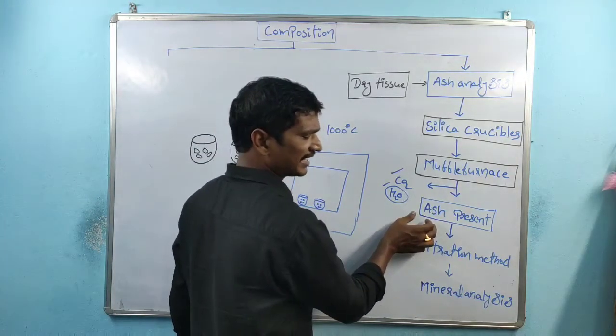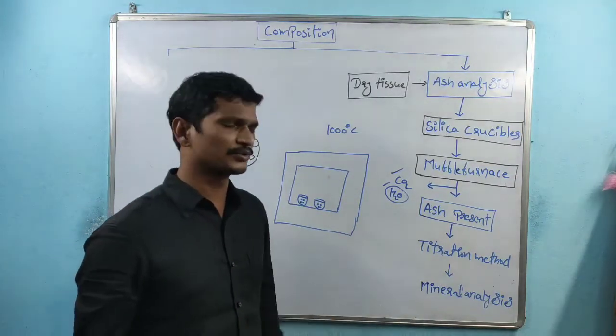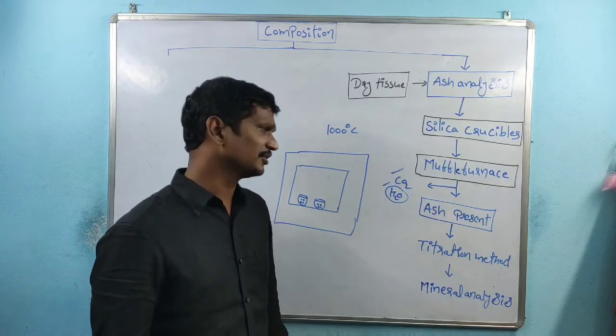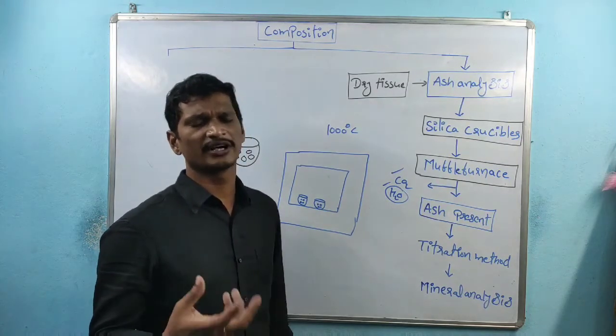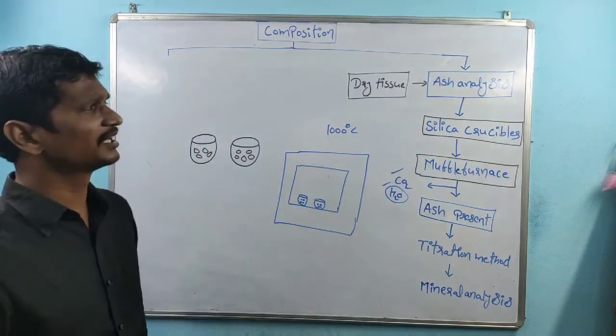Finally we get the ash. The ash is subjected to the titration method, and after the titration process we estimate the different types of minerals, so in a cell we can determine which minerals are present. This is the ash analysis method.